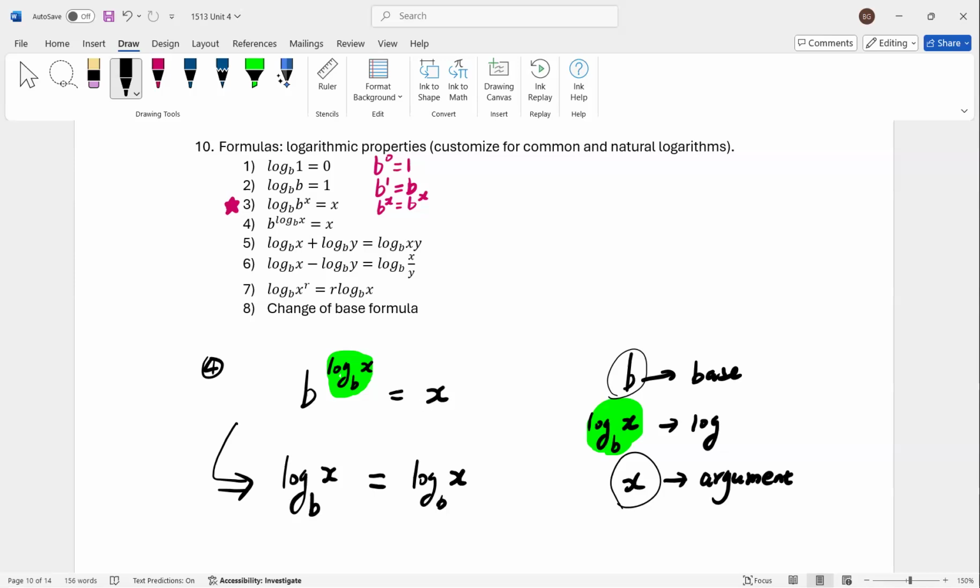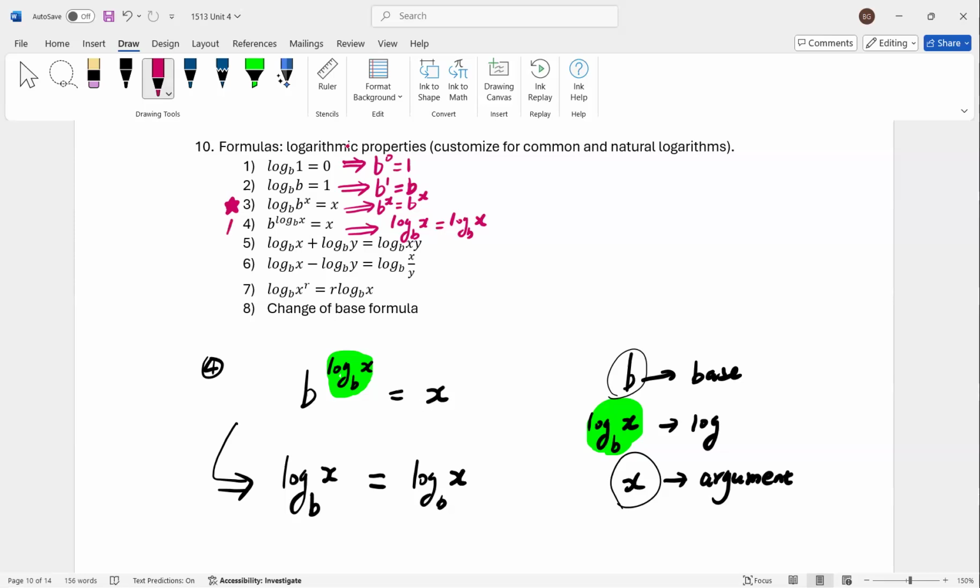Left side, right side are identical. Of course, it is a true statement. Since the 2 equations are equivalent, if this is a true statement, then the original equation is also a true statement, all right? So the equivalent form found is log with base b of x equals log with base b of x.